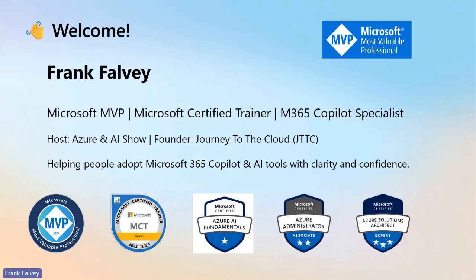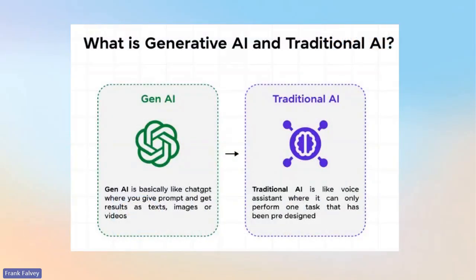So moving ahead, this is one slide I just put up there because there seemed to be a lot of confusion about Gen AI and traditional AI. People are confused, like, what is Gen AI, and then there's AI.